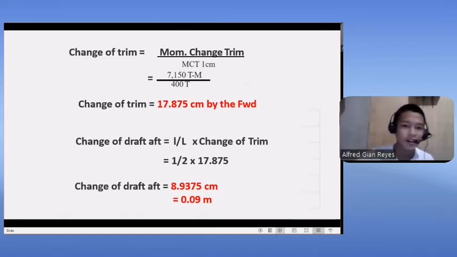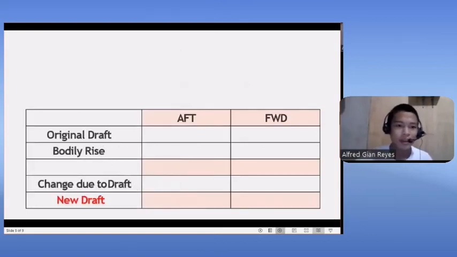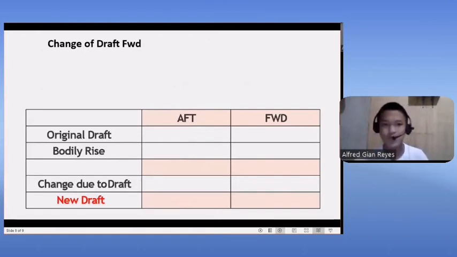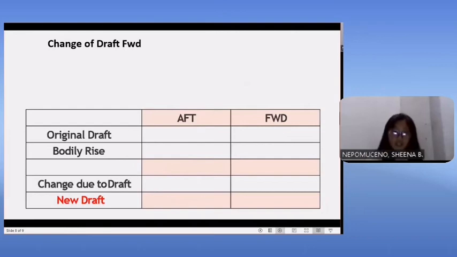Lastly, we'll now apply the change of draft forward formula presented by Sheena. For the change of draft forward, we have a formula of change of trim minus the change of draft aft.